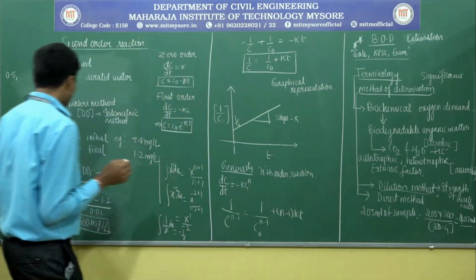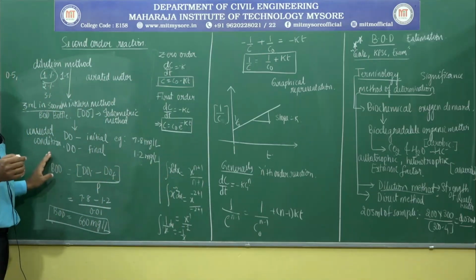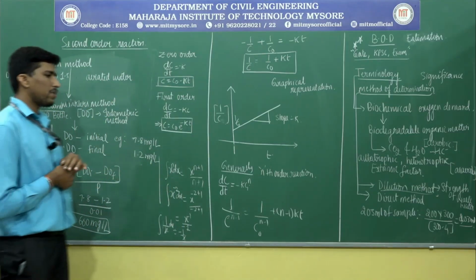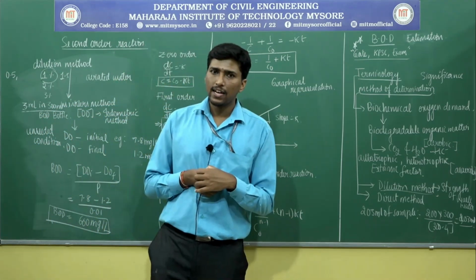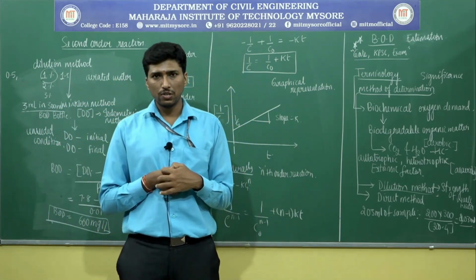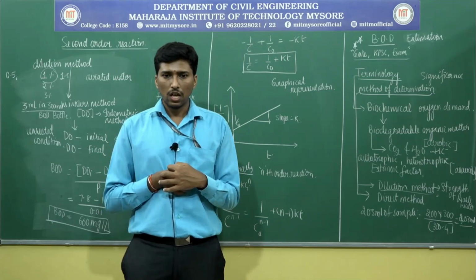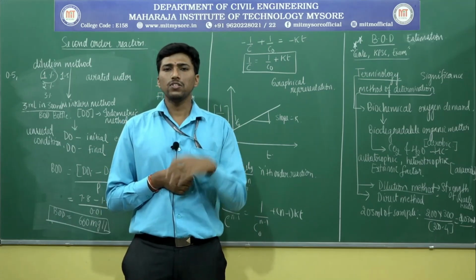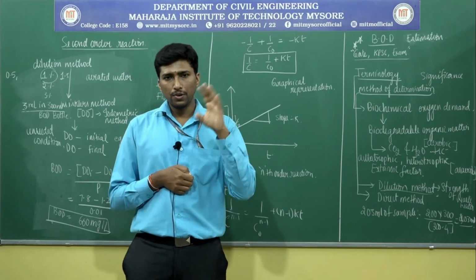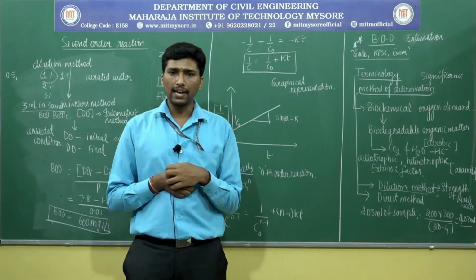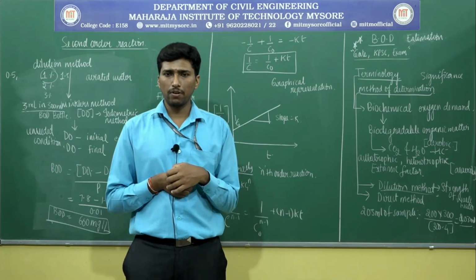Understanding this, coming back here, this is for the unseeded condition. Seeded condition means we have the blank. What is meant by the blank? For the DO concentration present in the blank, take the aerated water sample and pour it into the BOD bottle completely, 100% aerated sample.